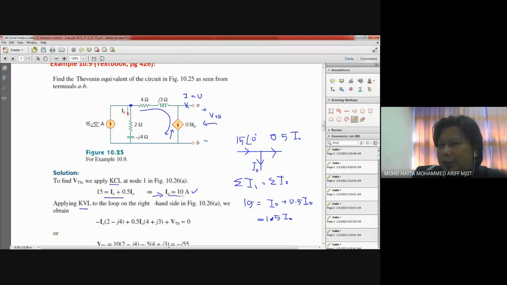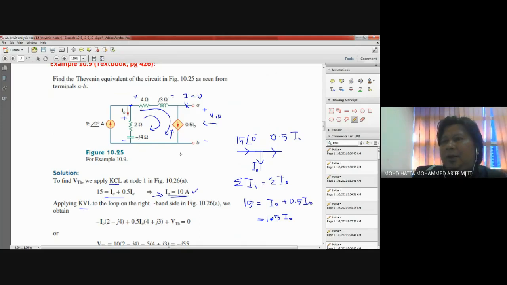Using this information, work out the KVL around this loop. If you look at the voltage around this loop, it is given by the voltage drop over here, because current is flowing this way.